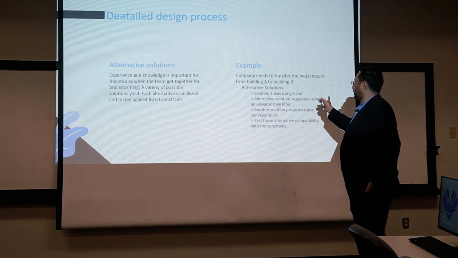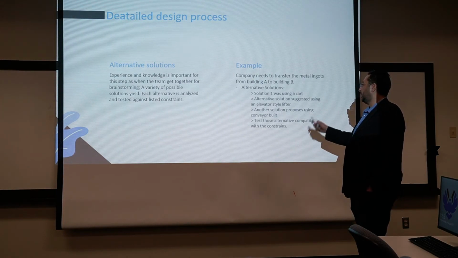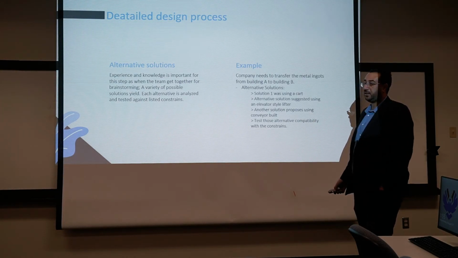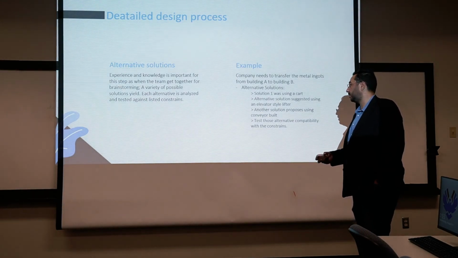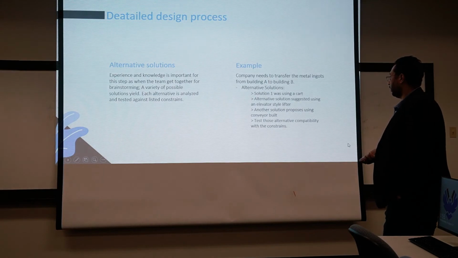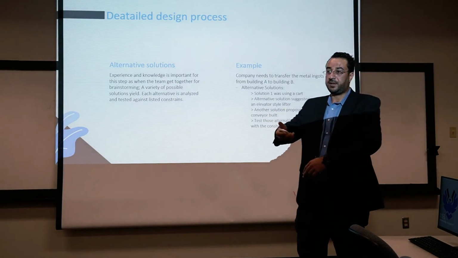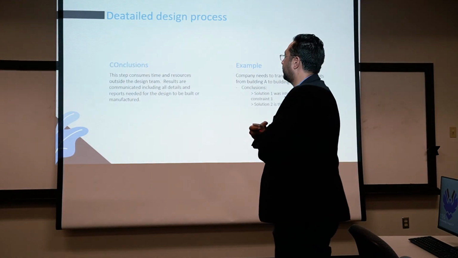For the company material transfer, solution 1 would be using a cart, an alternative solution would be using an elevator-style lifter to lift the material, or using a conveyor belt, or you can use them all together maybe to transfer the material to the new location.